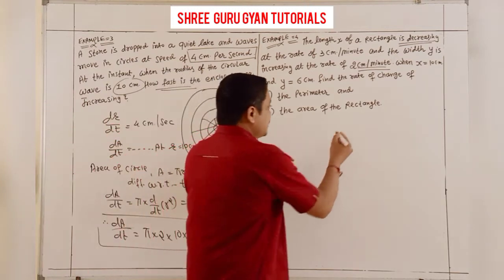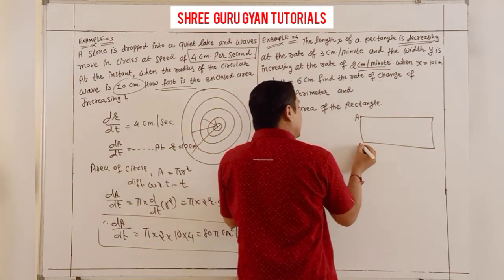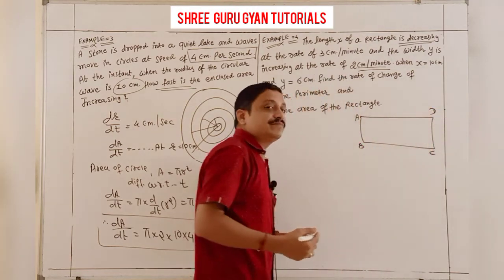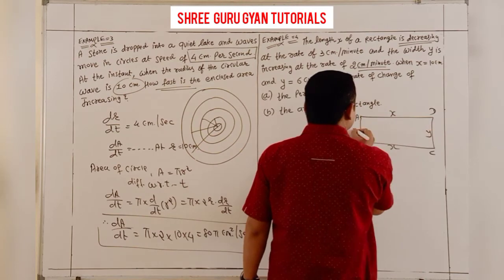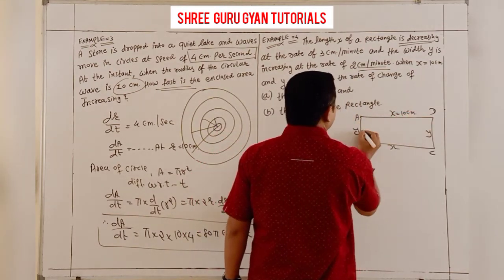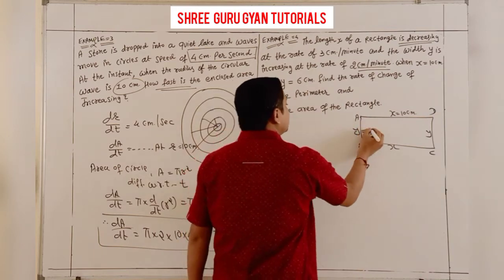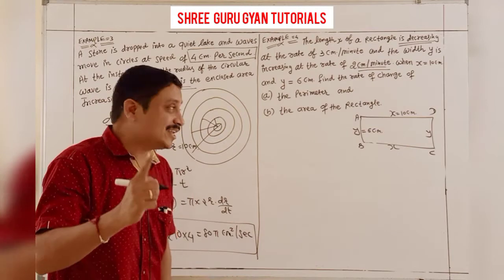Very easy. First of all, for your better understanding, I draw a rectangle A, B, C, D. X is the length, Y is the breadth, and it is given that the length is 10 cm initially and the breadth is 6 cm initially. And I read the question one more time, necessary.